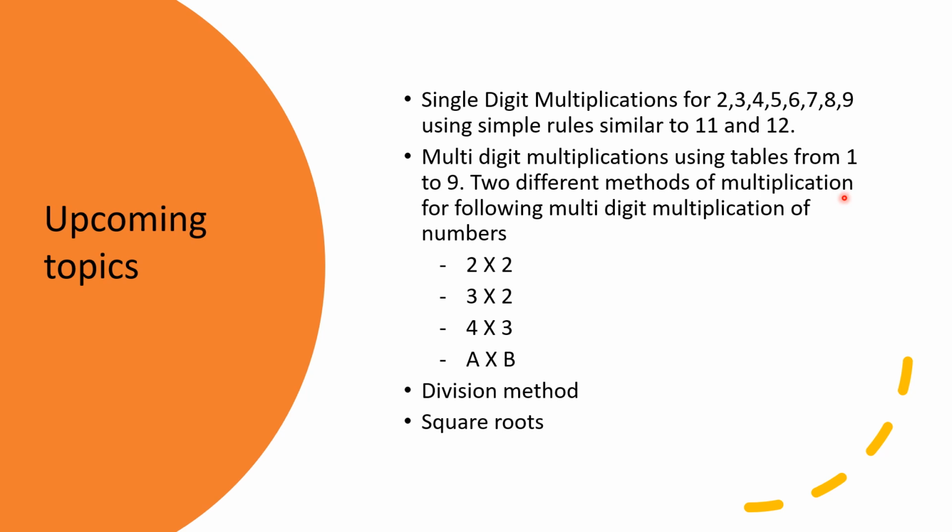However, when we go for multi-digit multiplications, you don't have to memorize any rules, but you have to follow an approach which works for any number of digits. In the upcoming videos, I will go through multiplication of multi-digit numbers, single digit multiplication using simple rules, and then the division method and square roots.